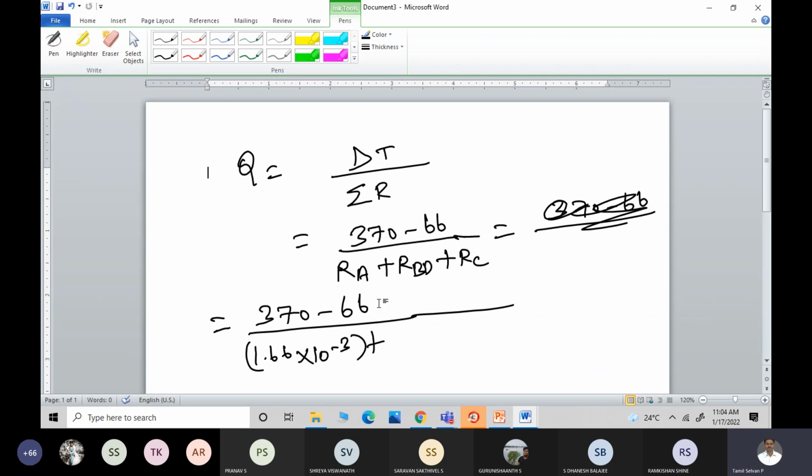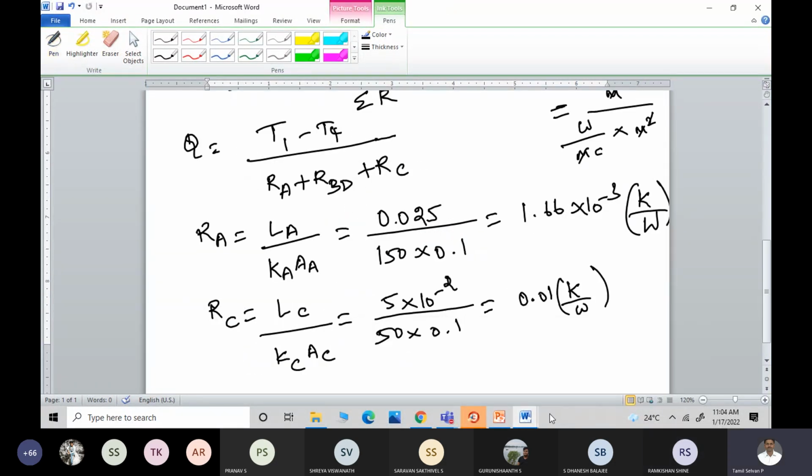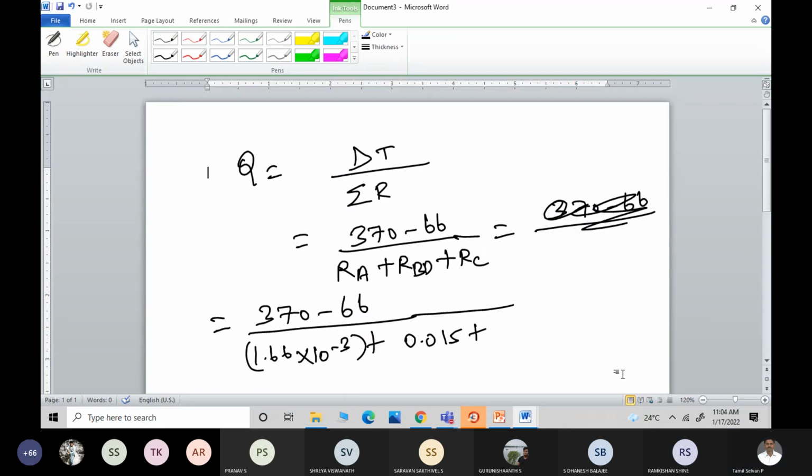And the last one, R suffix C? It is 0.01. Now tell me the answer for the heat transfer. What is the answer?